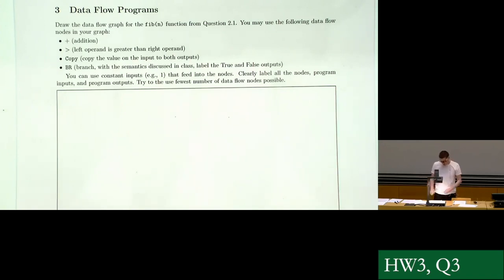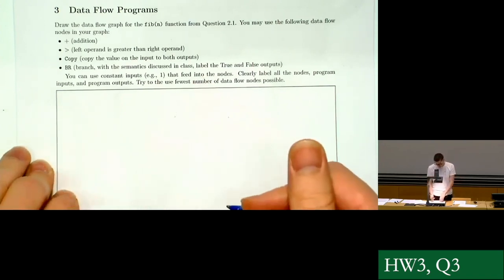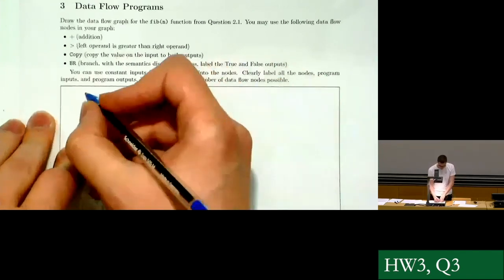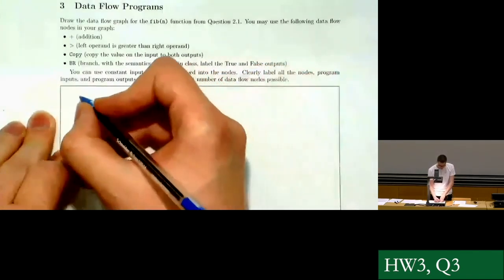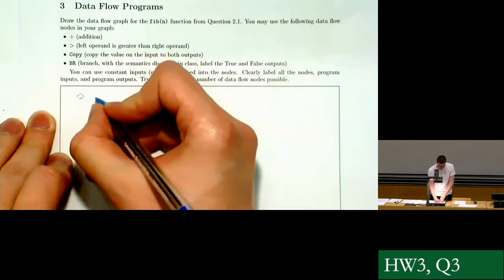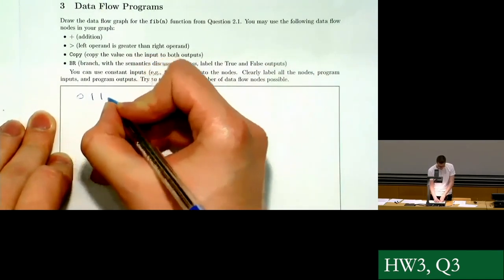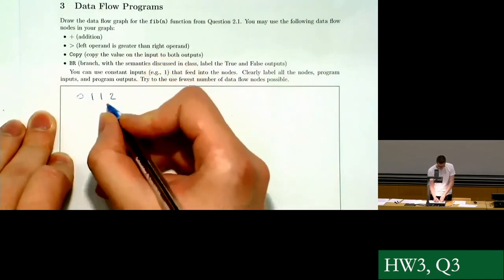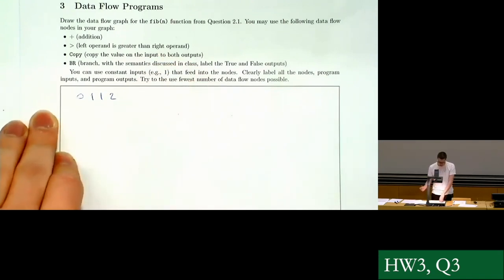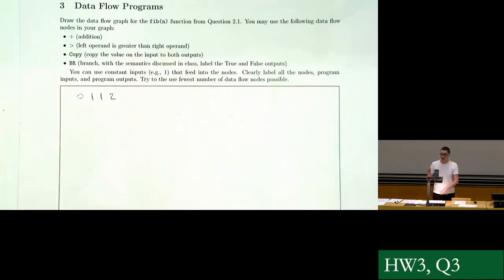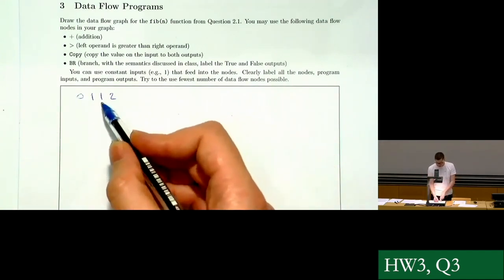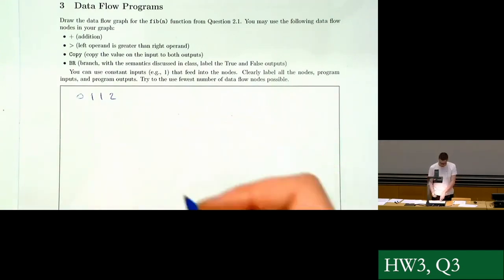Just a quick reminder about Fibonacci. It is a series of numbers which goes like 0, 1, 1, and then 2. Except for F0 and F1, each number is the sum of the previous 2 numbers, right?